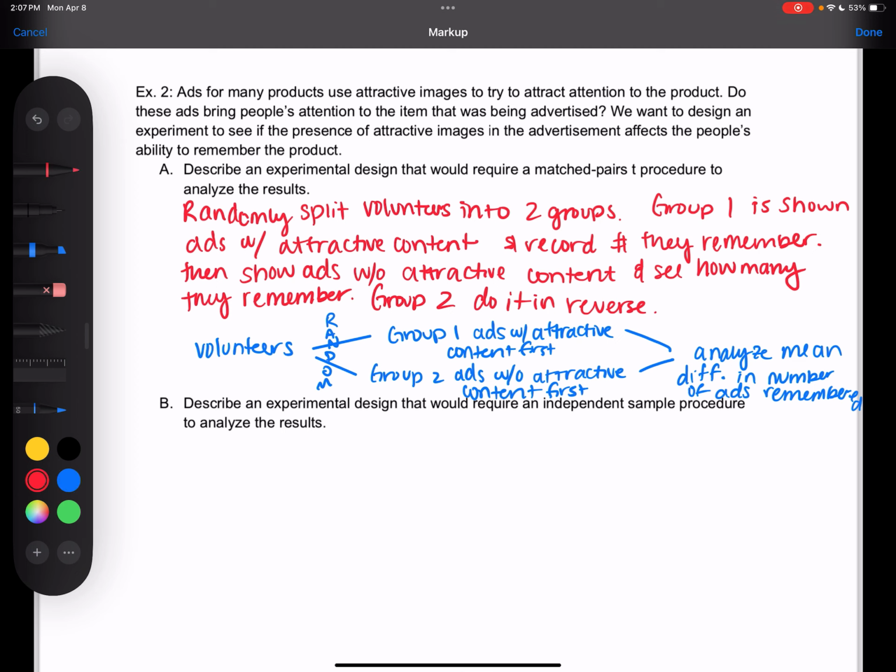I guess up here after I had group 2, I should say also to examine the difference. And so this would allow us to use a paired t-test for that.